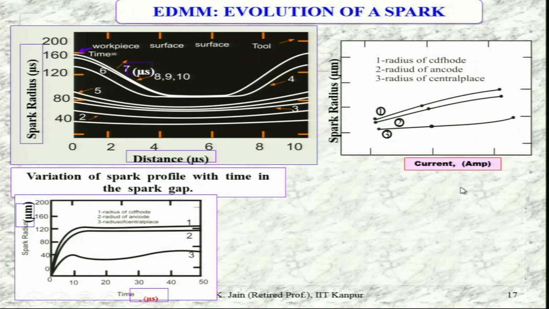Current is the major element responsible for spark characteristics. You can see here 1, 2, 3: 1 for cathode, 2 for anode, and 3 for central plane. It is continuously increasing, 1 and 2 rapidly, but in the central plane it is not increasing so rapidly, but it gives the idea that spark radius is continuously changing with time as well as with the current amplitude.